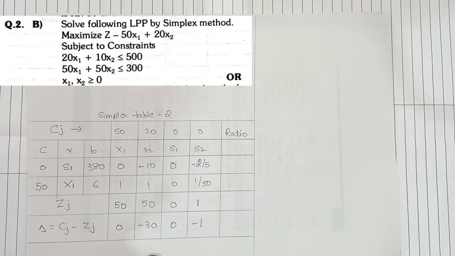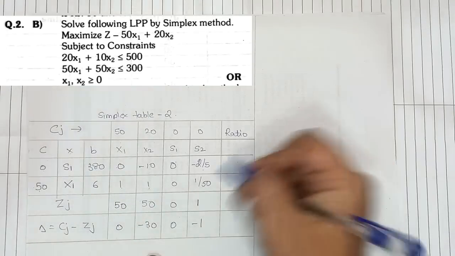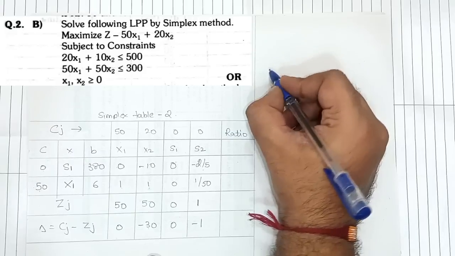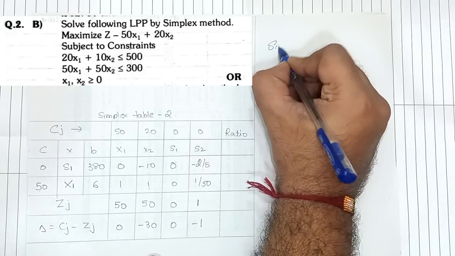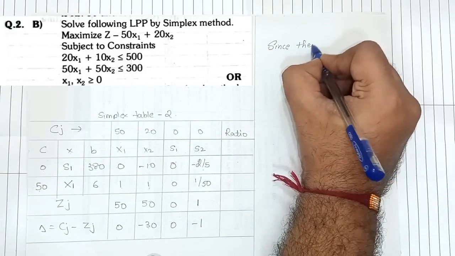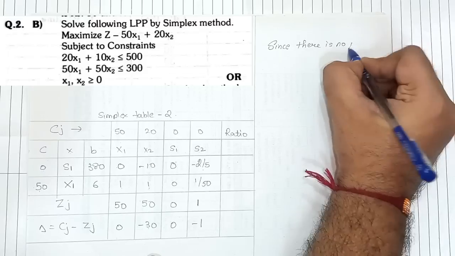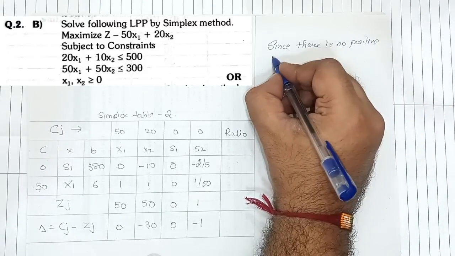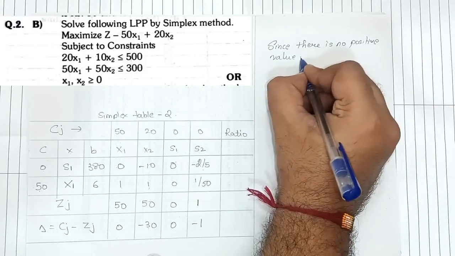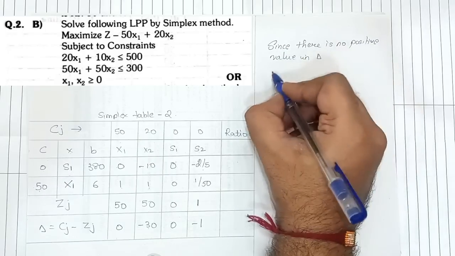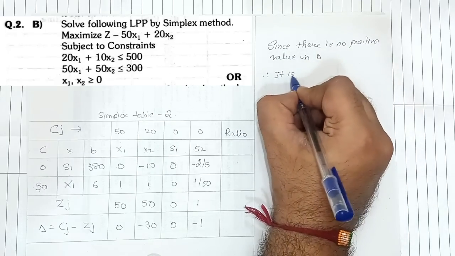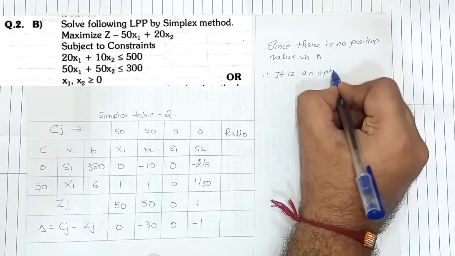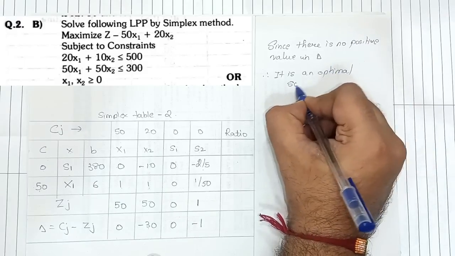If you do get a positive value, then we have to solve the next simplex table. Since there is no positive value in cj minus zj, therefore it is an optimal solution.